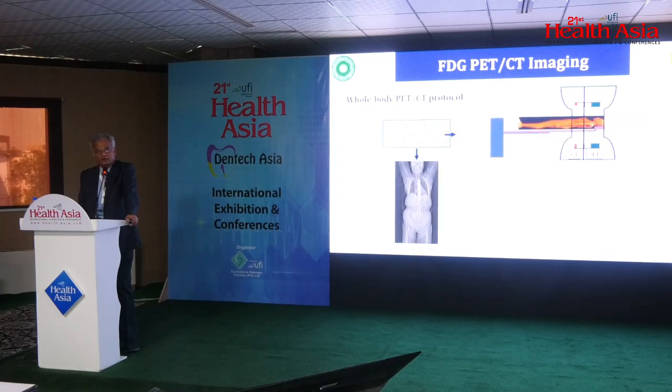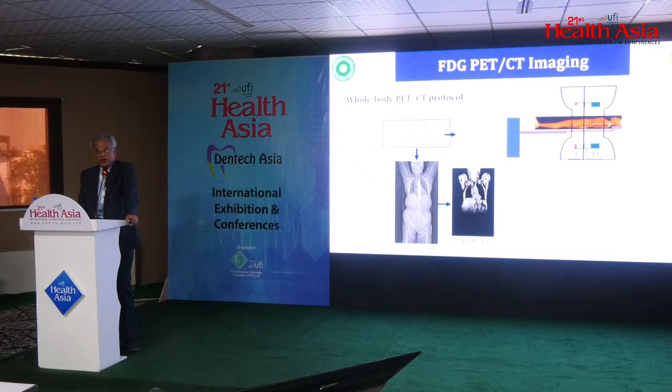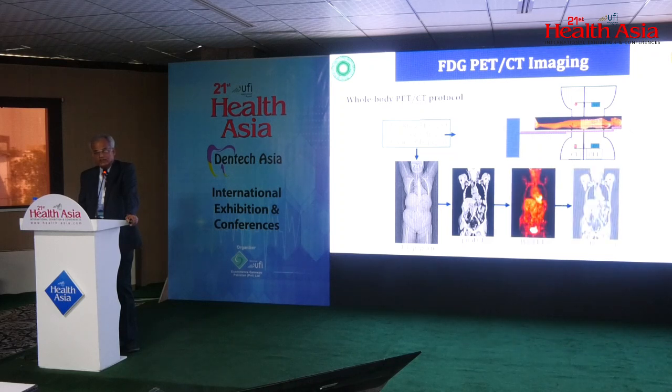From midbrain to mid-thigh, first the CT, followed by the PET images, are acquired, and then these images are assessed visually for the qualitative assessment, and also we draw the region of interest over hypermetabolic areas, both primary and metastatic lesions, for the semi-quantitative assessment and calculation of the standardized uptake value. So this is the brief summary of how the FDG PET-CT is done.